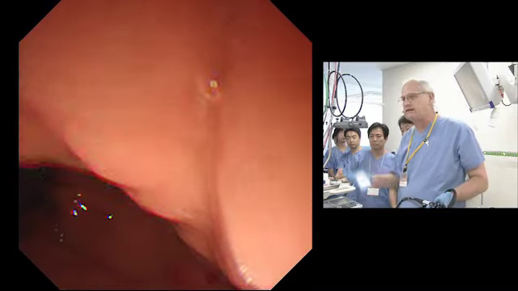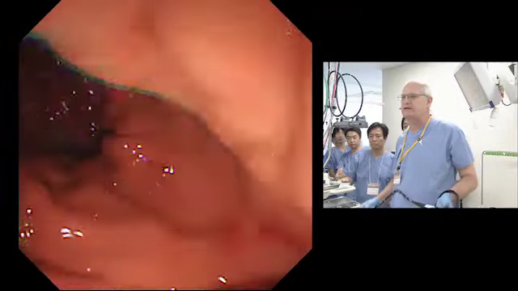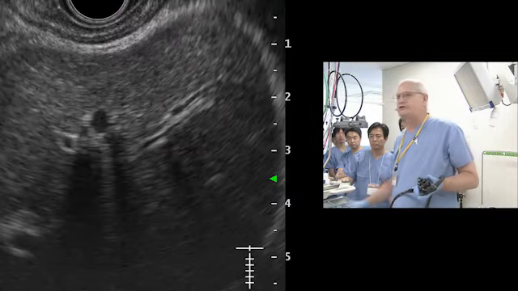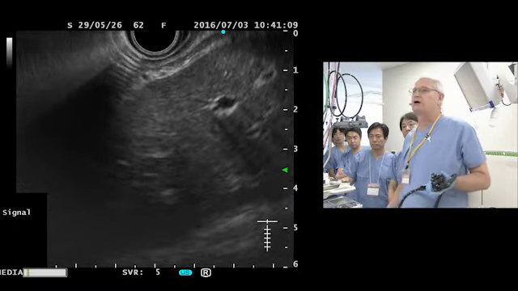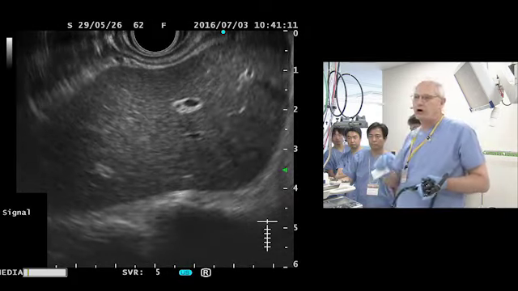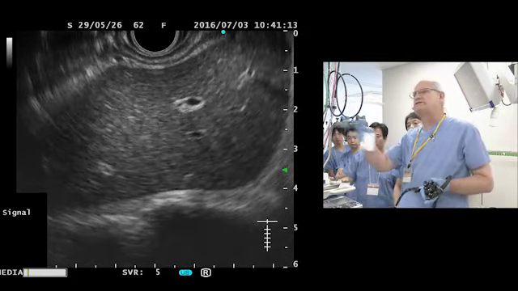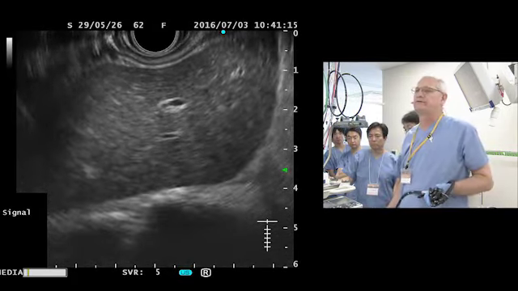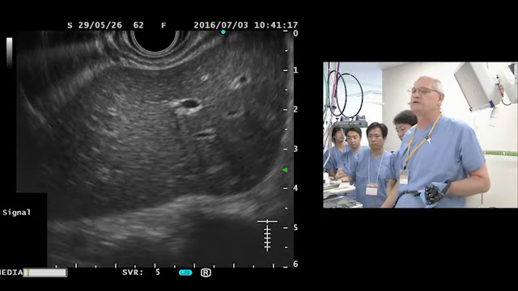You can start anywhere you want to image the head, the body, the tail, but for my purposes, I will start at the GE junction. So I will switch now to the endosonography. And when you start at the GE junction, always the liver will be the first organ that you image.